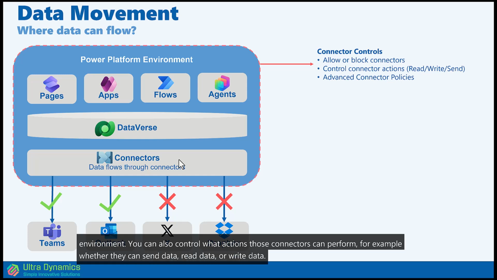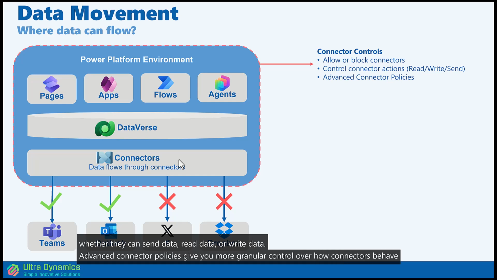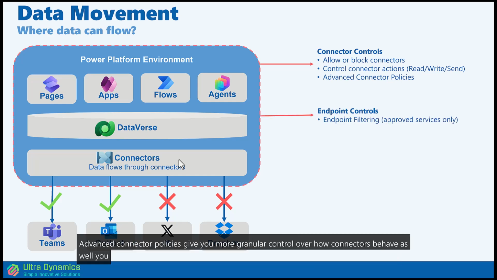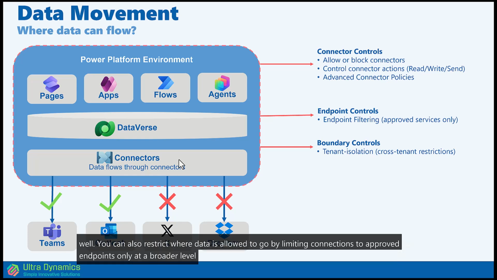Advanced connector policies give you more granular control over how connectors behave as well. You can also restrict where data is allowed to go by limiting connections to approved endpoints only. At a broader level, tenant isolation allows you to prevent data from being shared across organizational boundaries.